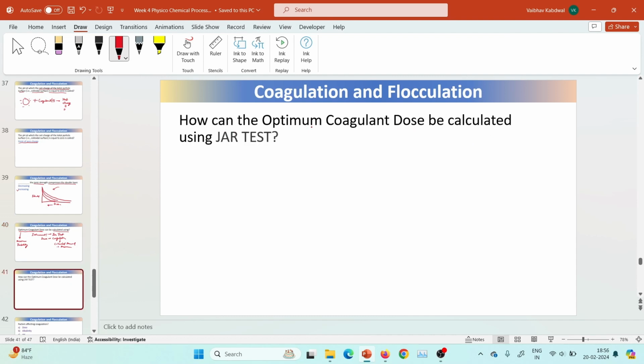How can the optimum coagulant dose be calculated using the jar test?